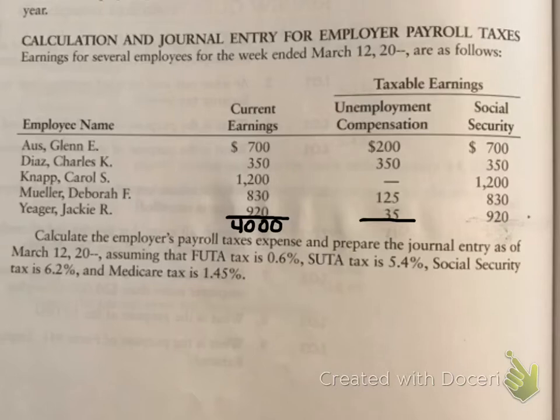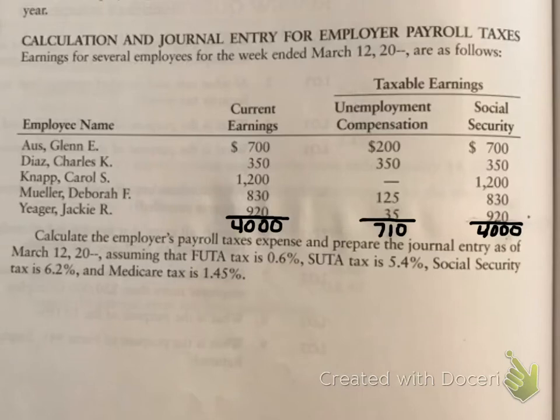So when we add these together, we'll find that the total is $710. And then the last number we need from step 1 is how much is taxable for Social Security. So we'll go to the taxable earnings for Social Security and we'll add those together, and that total is $4,000.